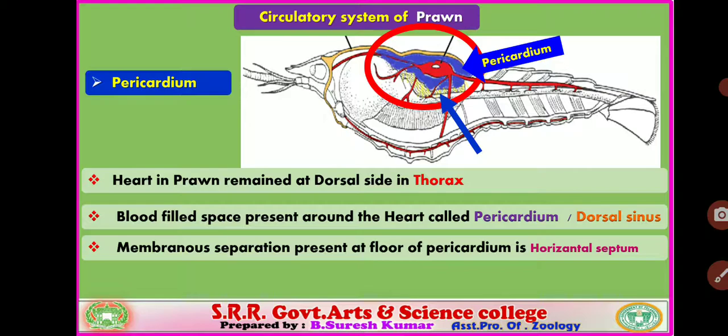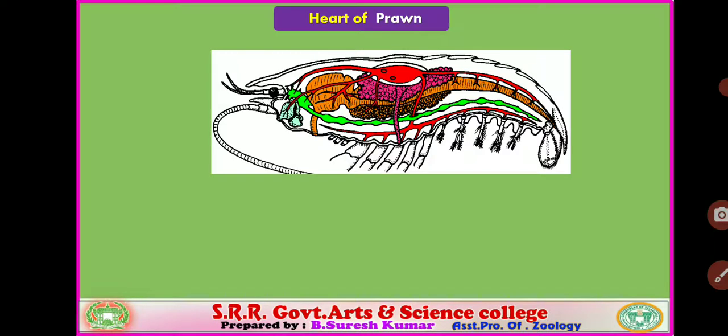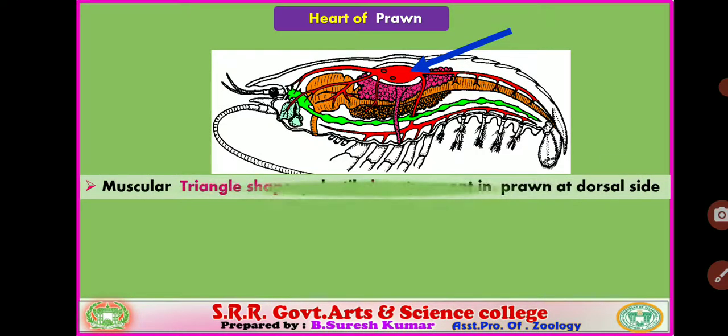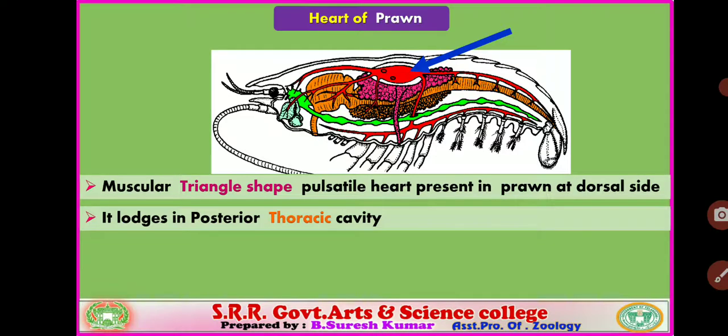That membranous horizontal separation present at the floor of the pericardium is called the horizontal septum. Follow? So this is about pericardium. Right. Next, you observe this visual representation, the heart, and next the muscular triangular shape.